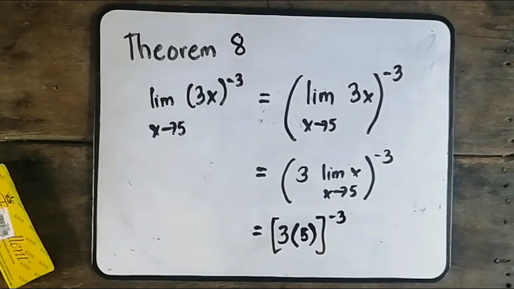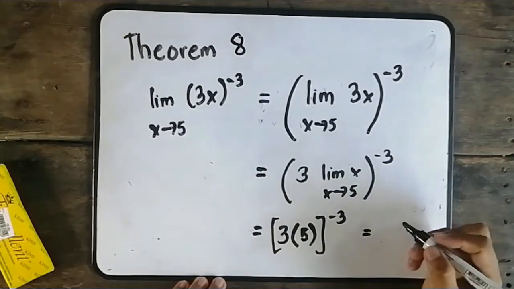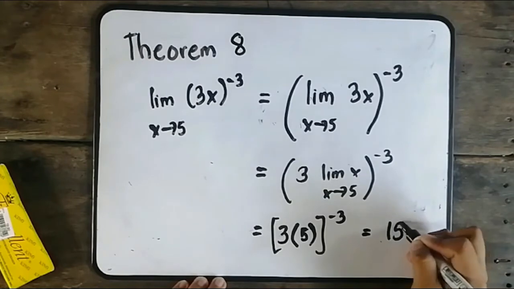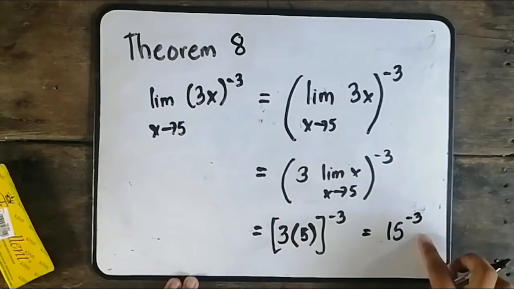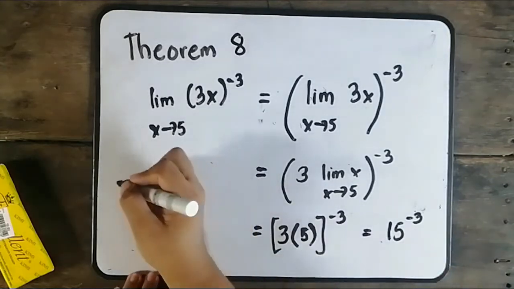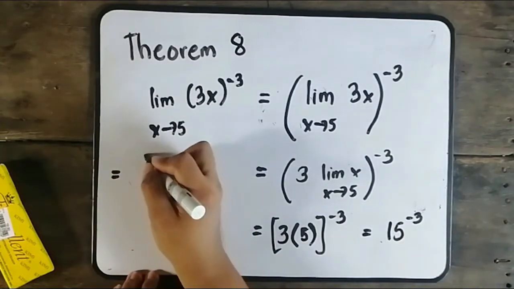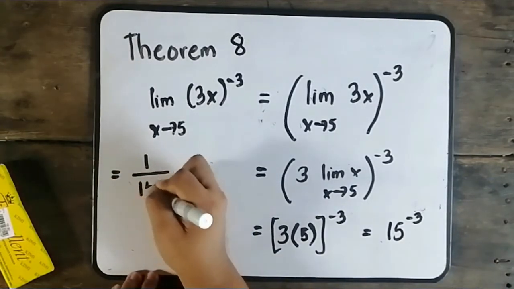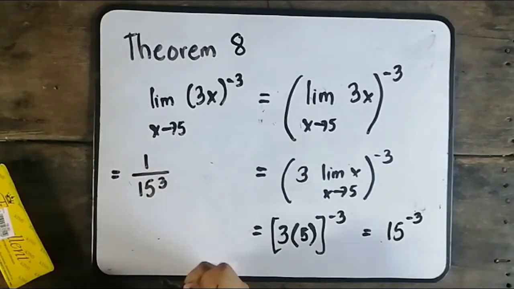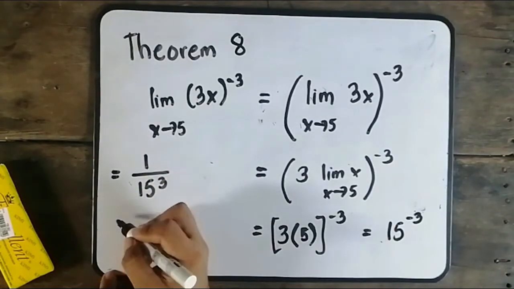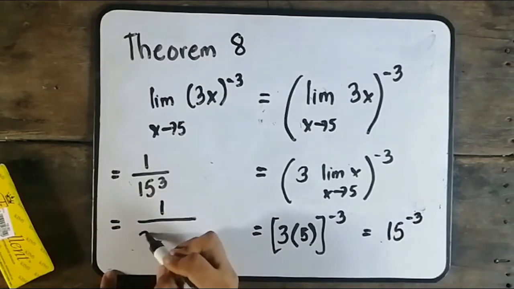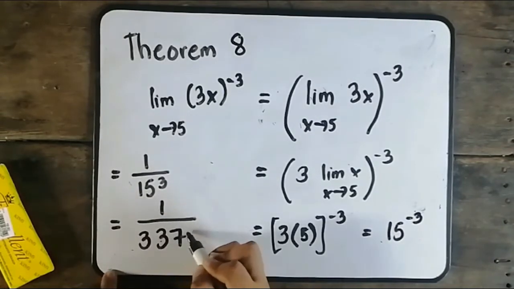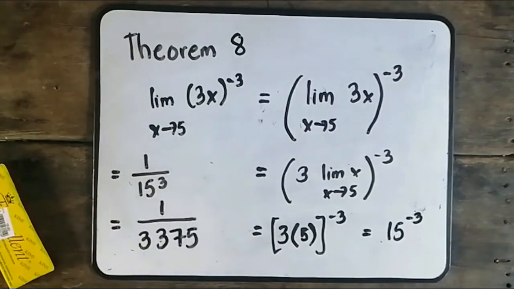Or that is now equal to 15 raised to negative 3. And we know that 15 raised to negative 3 is equal to, dito na tayo, 1 over 15 raised to 3. Okay? So the final answer now is 1 over 3,375.